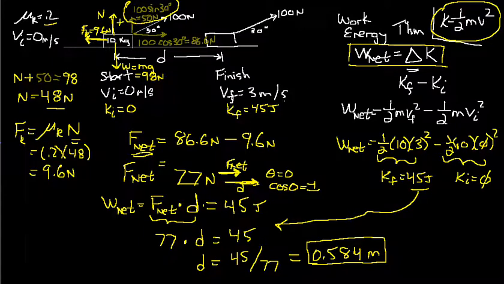That's going to be equal to the net amount of work done, which is simply the net force times the displacement. We needed to find displacement, so our net force is something that we needed to get. We got the net force by looking at our free body diagram, and when it was all said and done, we were left with the 86.6 newtons minus the 9.6 newtons. You subtract these two, you'll get the net force, and then we're in business.